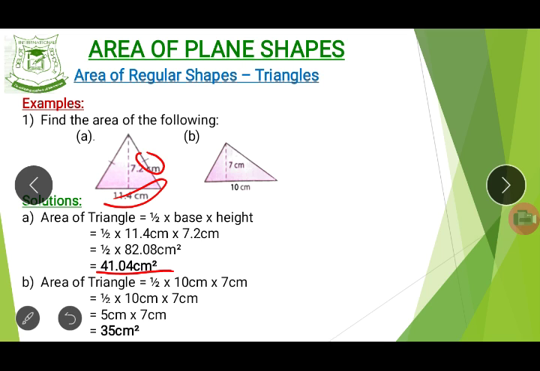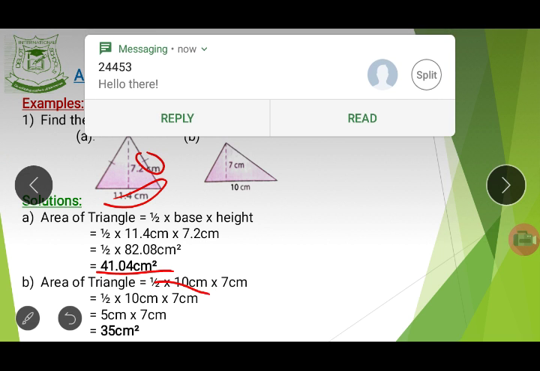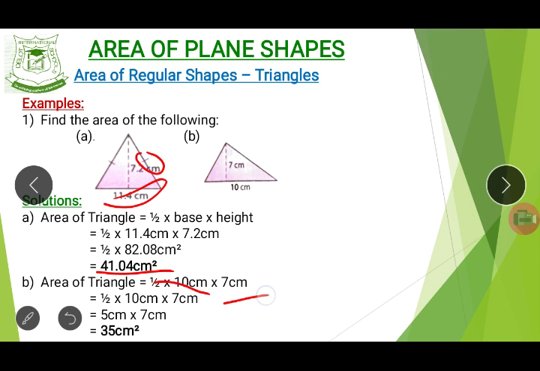So for the second one, the area of a triangle is half times base times height. What's the base? 10. The height is 7. Then you just use the half to cut the 10. 2 into 10 is 5, so we have 5 remaining.